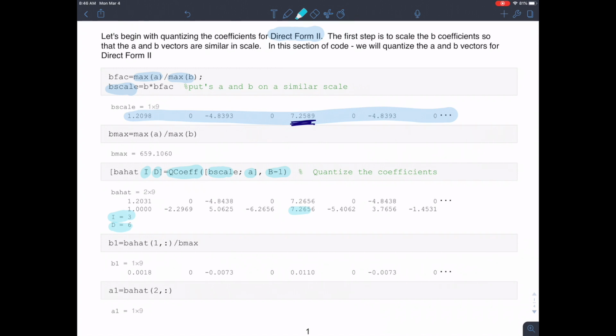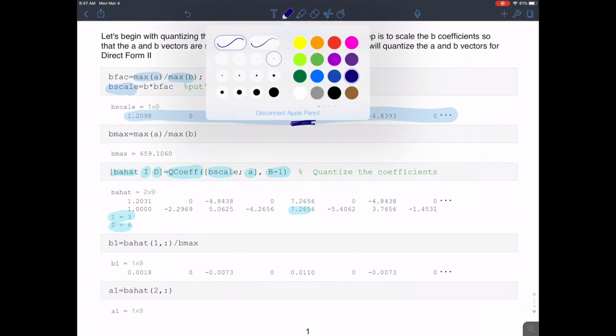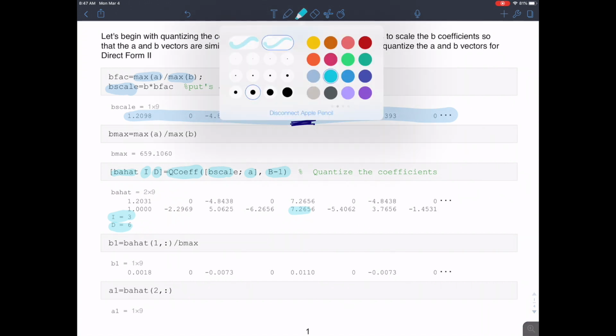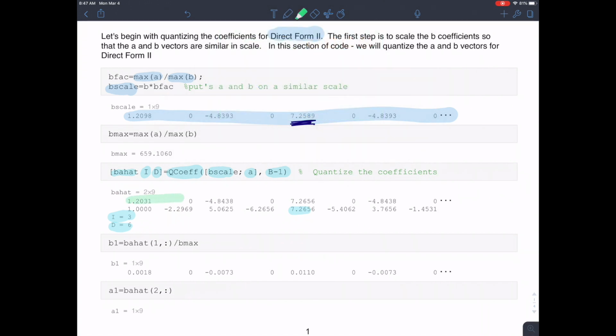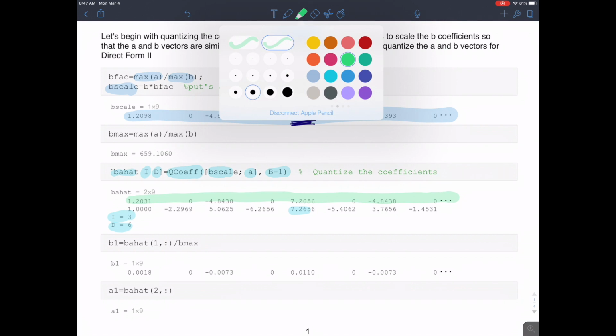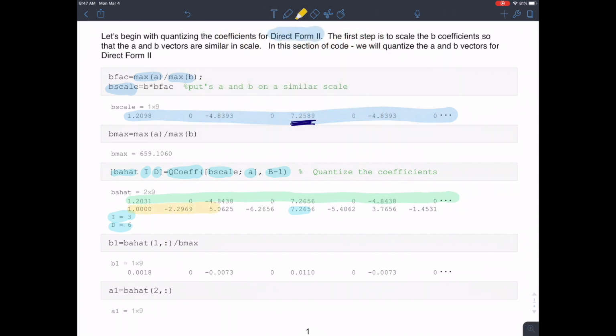The way Q coefficient works is you get all the quantized bits in this matrix called BA hat. That's the notation he uses in Proakis. BA hat has both the B's, which I'll highlight in green, and it's also got the A's, which I'll highlight in yellow.